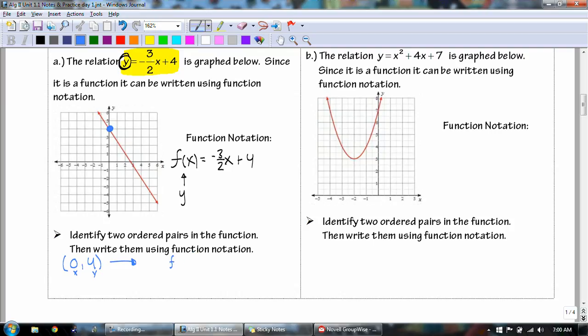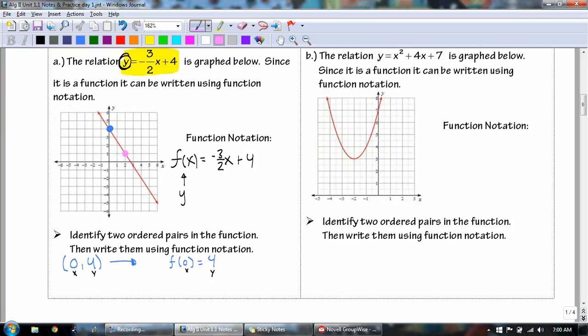I'm going to plug in the x, and when I'm done, I would get y. So here's my x. Once again, here's my y. f of 0 equals 4. And if you don't believe me, you could plug in 0. We don't have to do this right now. But if you plug in 0 for x, you would get 4 as your answer. All right, let's find another point.